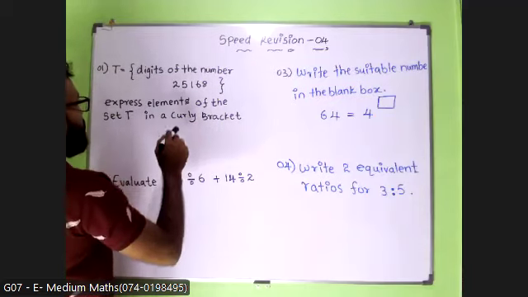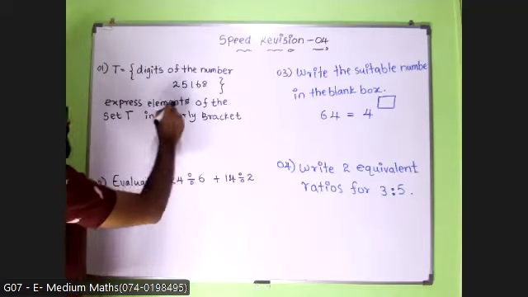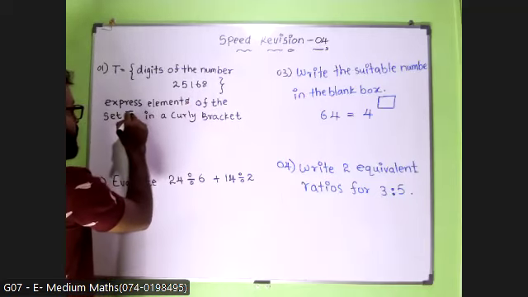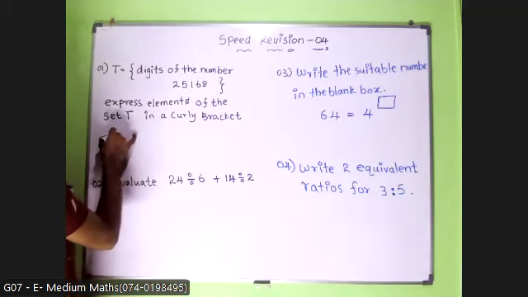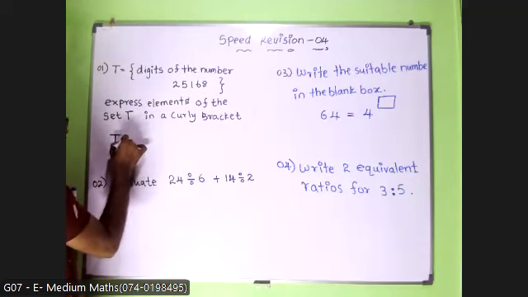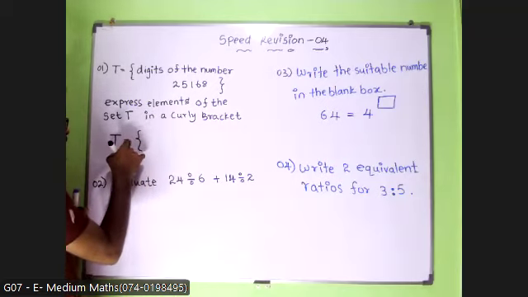Express the elements of the set T with a curly bracket, right? So if you want to write the elements of T inside a curly bracket, this is the way you are going to do.